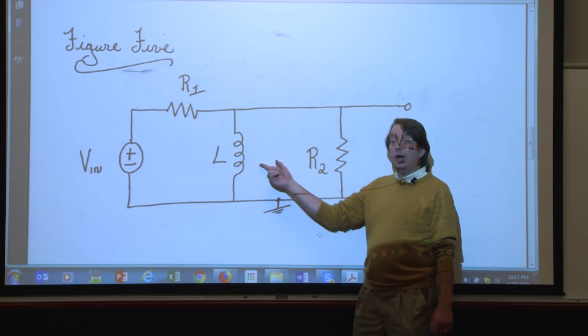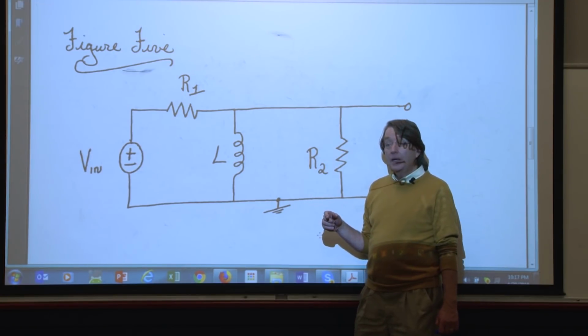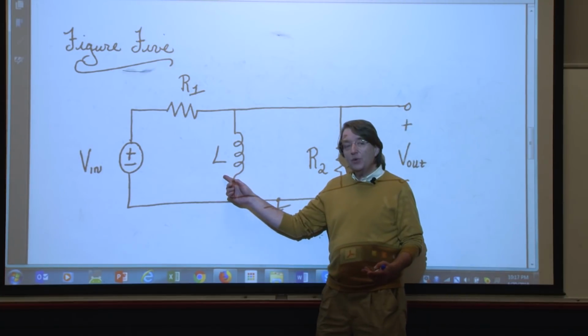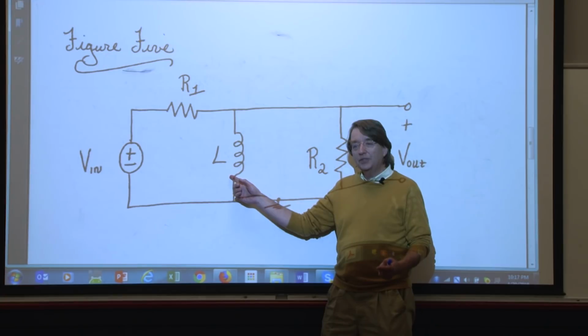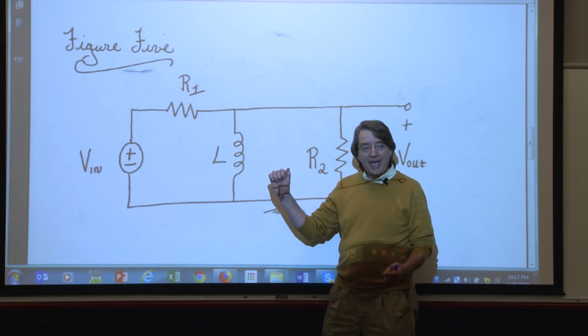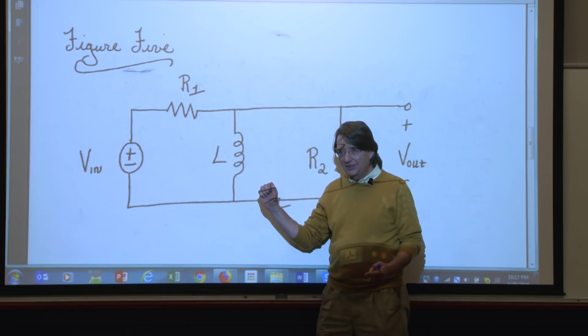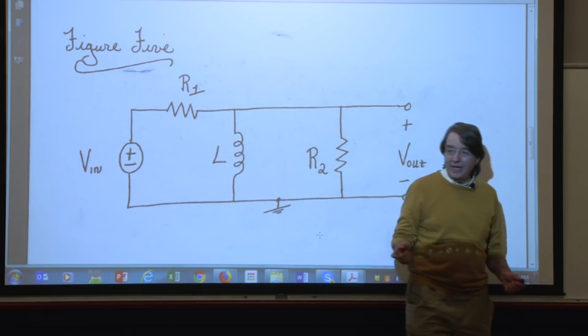So how do I do it? Product over the sum. Now, what's the value of R2 in ohms? R2. What's the value of this, the inductor, in ohms? j 2 pi fL. j omega L or j 2 pi fL.